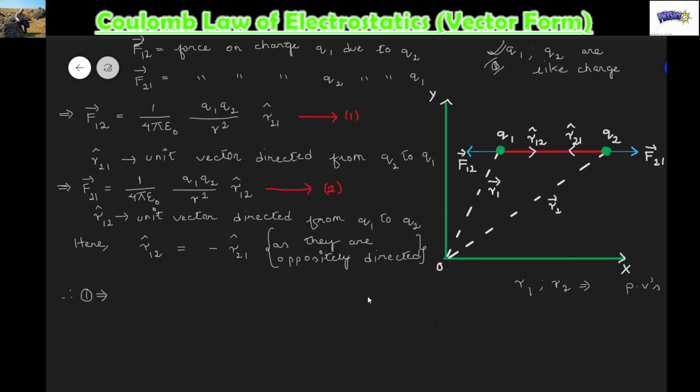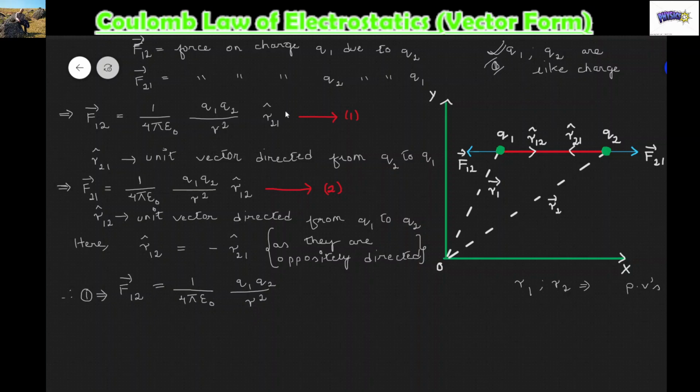So when they are oppositely directed, if you substitute in equation 1, you will find that this equation reduces into another relation. So now let us write, this force F12 will be equal to 1 divided by 4 pi epsilon naught Q1 Q2 divided by R square.